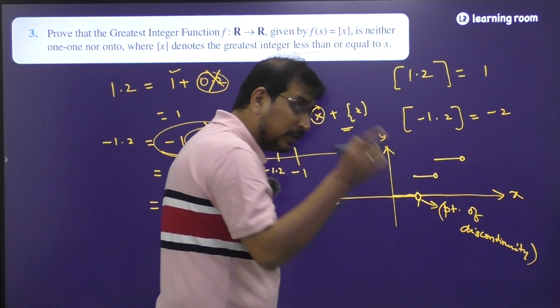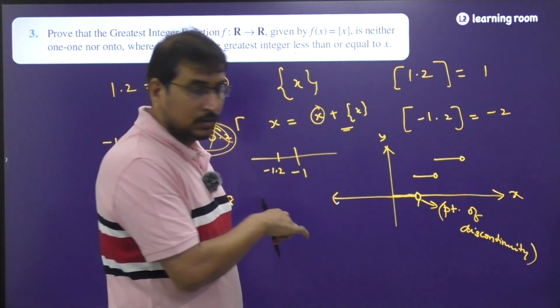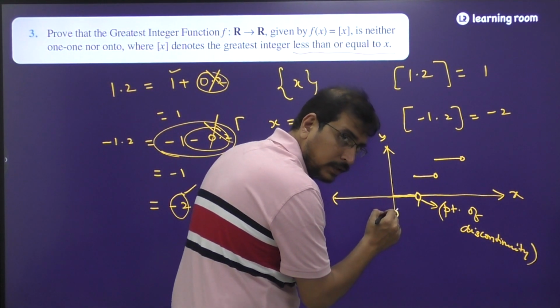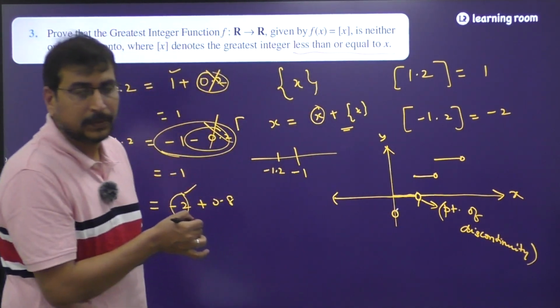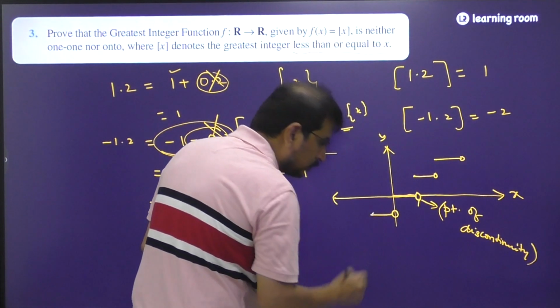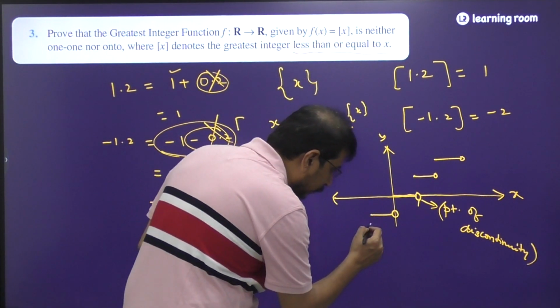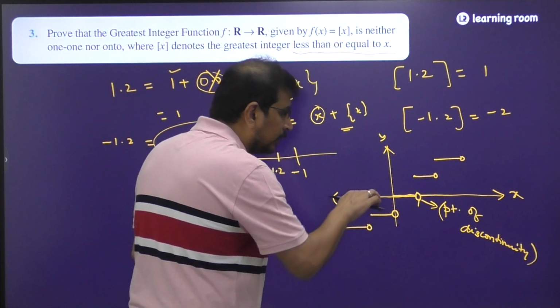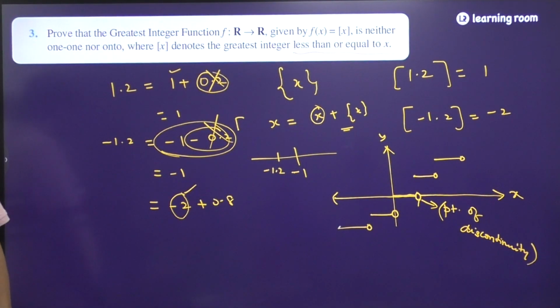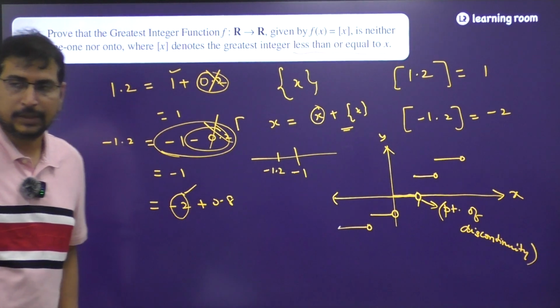So where will that open circle be? At 0 it will be there, no? Correct? On the left of it, what will you say? Then here you will have a break. So is it not looking like the form of a step? That's why we call it step of x also. Some books refer to it that way, but most places will see it as greatest integer only.